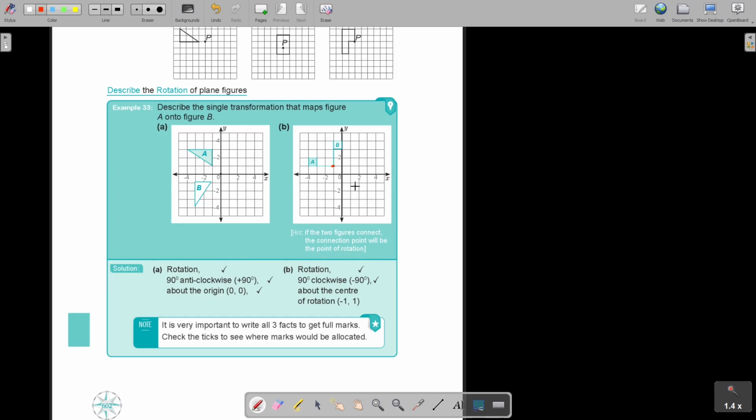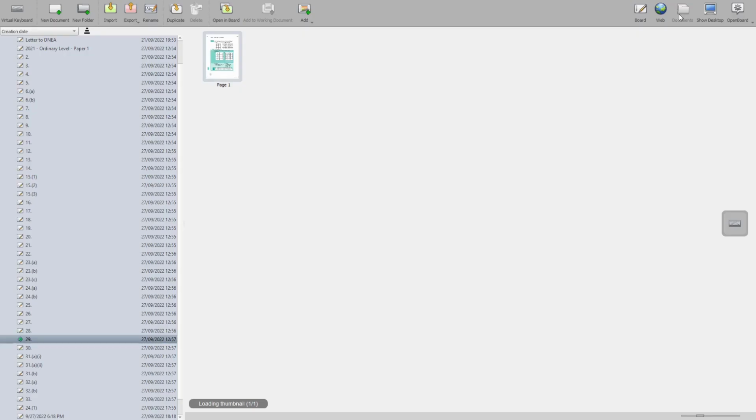So A to B looks like 90 degrees clockwise, or negative 90. Rotation, so 3 marks. Remember, 1 for rotation, 1 for 90 degrees clockwise, and 1 for the center. Okay, let's go back to the question paper and do that one.